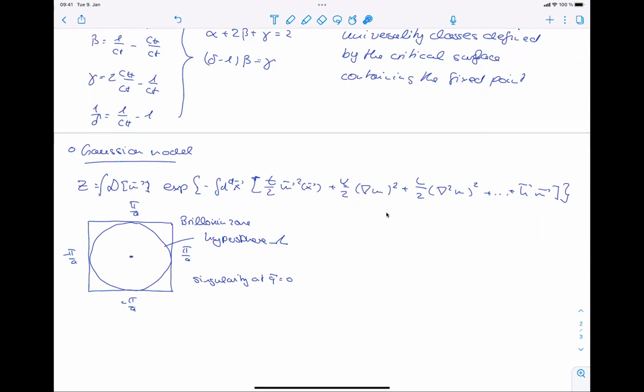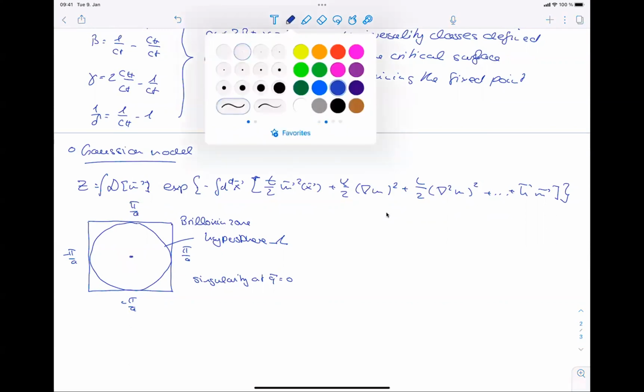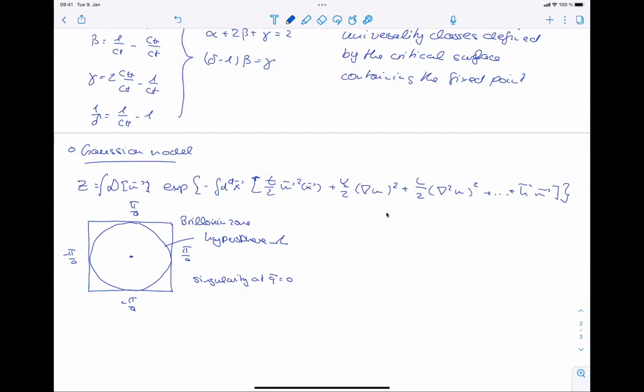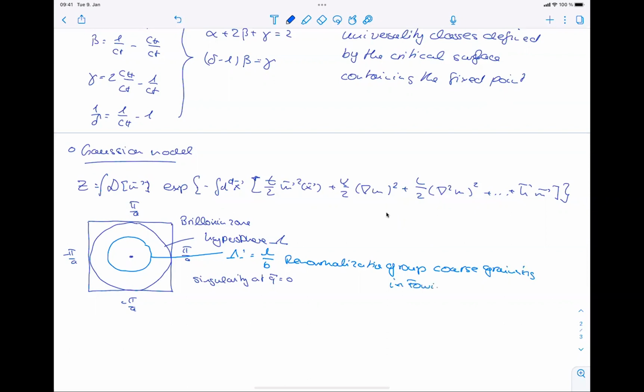But it's also a nice example of how the renormalization group transformation is performed in Fourier space. So we perform a blocking now to go down to lambda prime as lambda over b. This is the renormalization group coarse-graining in Fourier space.